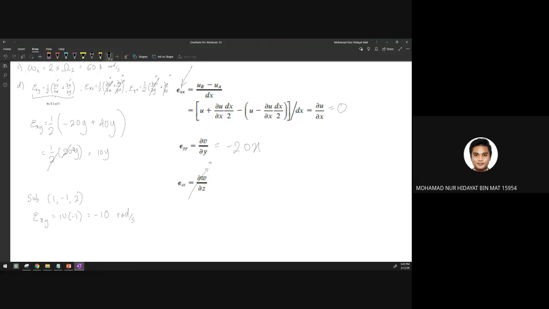And how about the yy component? Negative 20, x is 1. You will get negative 20 radian per second. So both of these strains compress. So it is compressing. Why compressing? Because the angular velocity is moving in different directions. Therefore, that is the final answer.